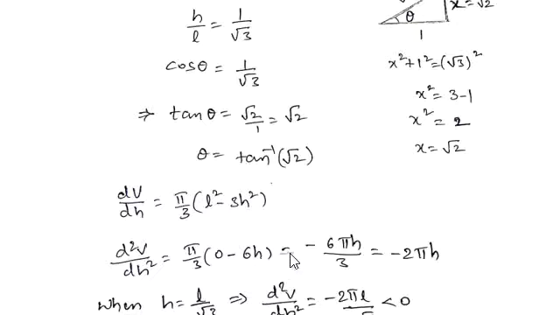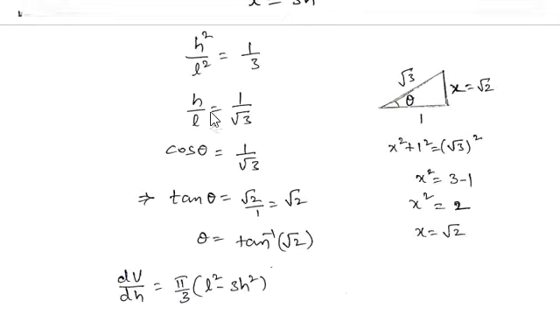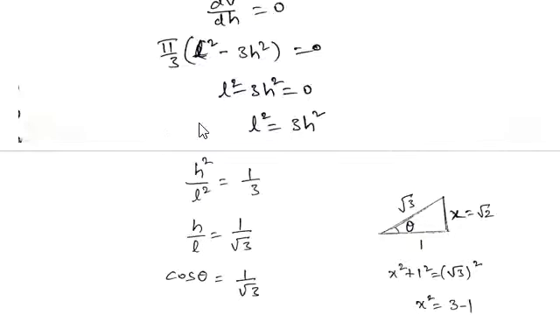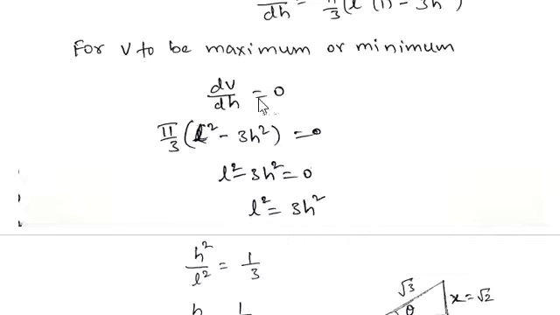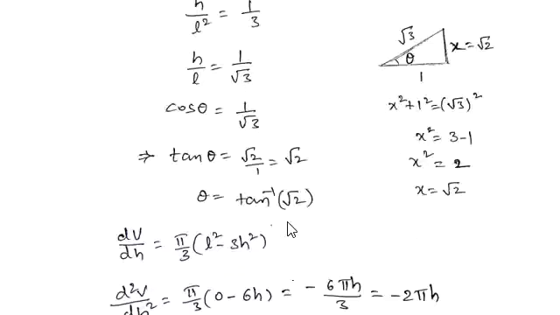So it is minus 6 pi h by 3, or minus 2 pi h. When we equated dv by dh to 0, we got h by L is 1 by root 3, or h is equal to L by root 3.